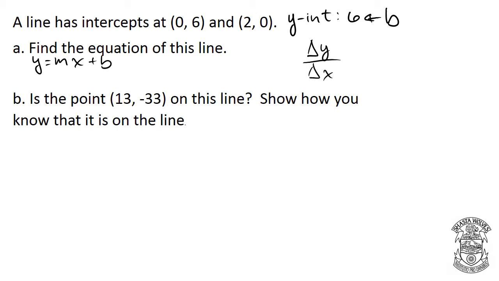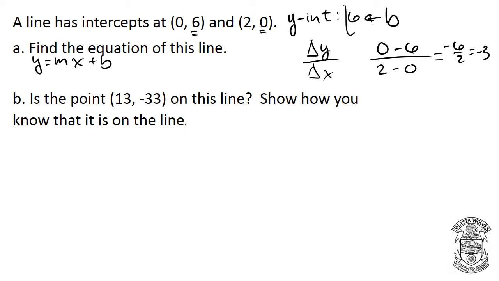If I look at the y values, I'm going to go from 0 to 6. So I have 0 minus 6 in my numerator, and 2 minus 0 in my denominator. So my slope is negative 6 over 2, which is equal to negative 3.